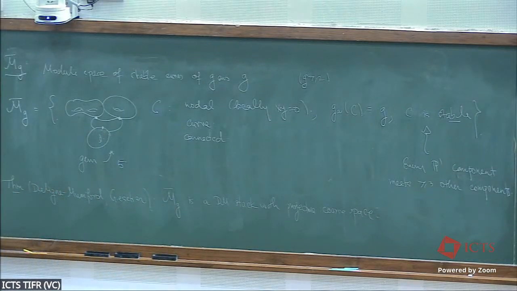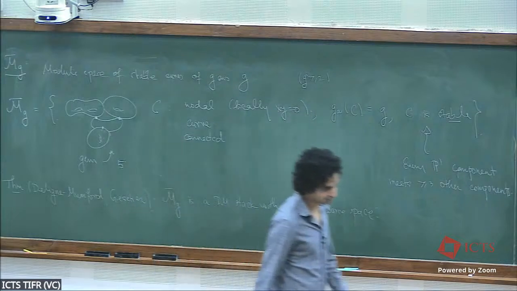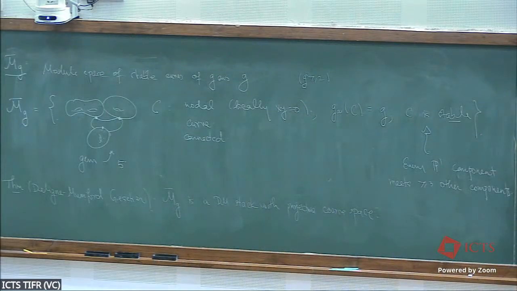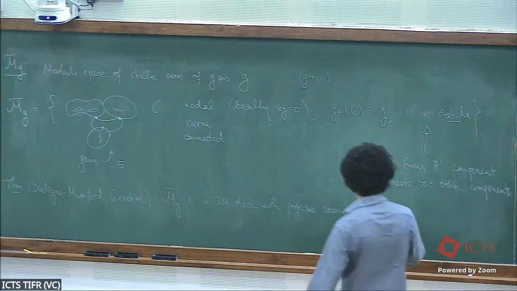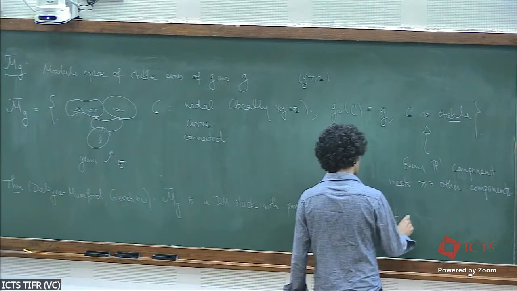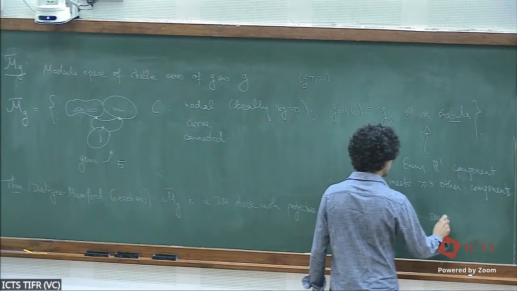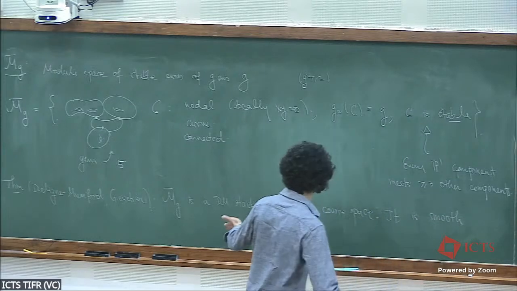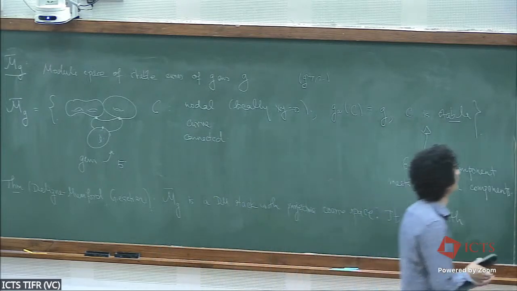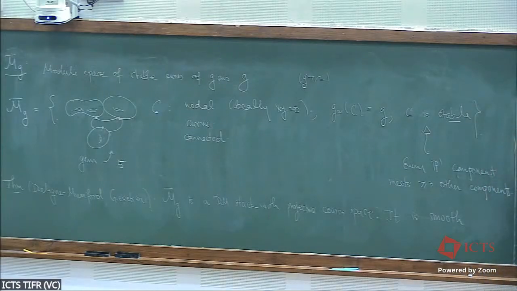That's what the sentence is saying. Okay. So it is smooth. Such a shame to put such a cool theorem at the bottom of this. Cool. It's a smooth space, which is great.